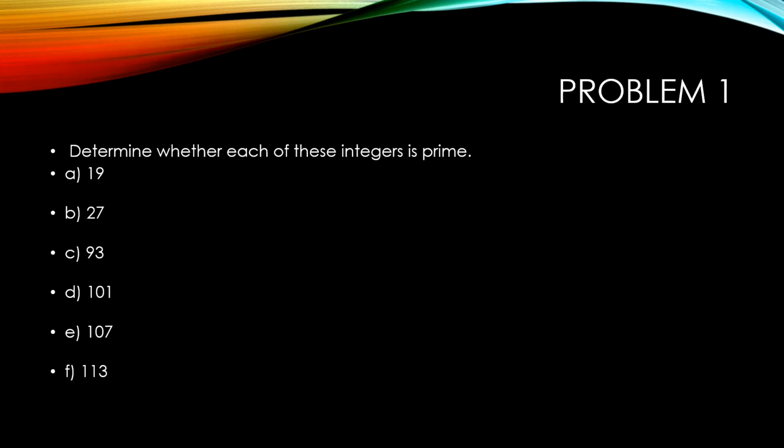Okay, and to determine if there is another factor based on the given, we're just going to get the square root of the given. After getting the square root, the range of the divisor that we're going to divide into our given will be from 1 to less than or equal to the square root of n.